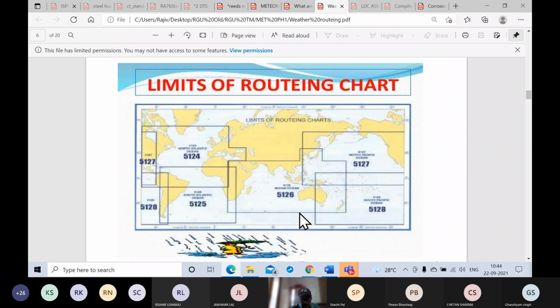This is also included in the Admiralty folder, the limits from where you can select the chart number which you want to use depending on your area of transit.